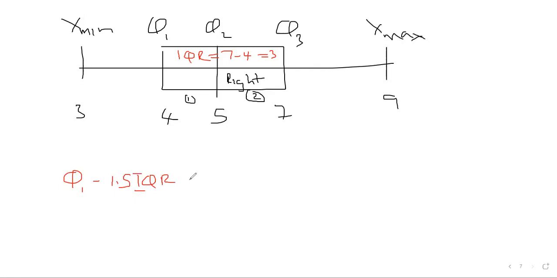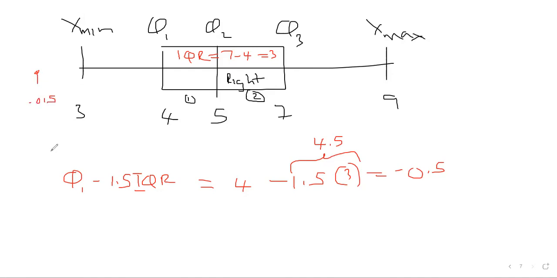So Q1 is what? 4 minus 1.5, which is the standard figure, times the interquartile range we found as 3. So 1.5 times 3, we get 4.5. This, in this case, is called the correction term, 4.5. So 4 minus 4.5, we get negative 0.5, which is somewhere here. So we get the lower extreme value.